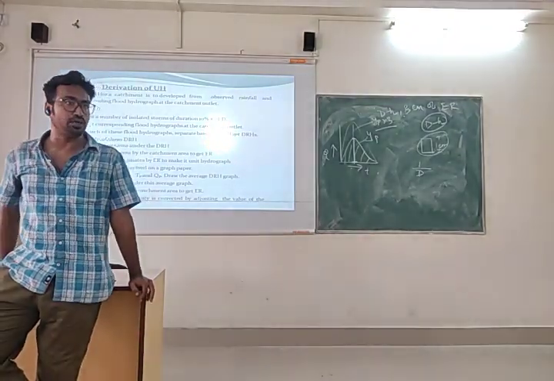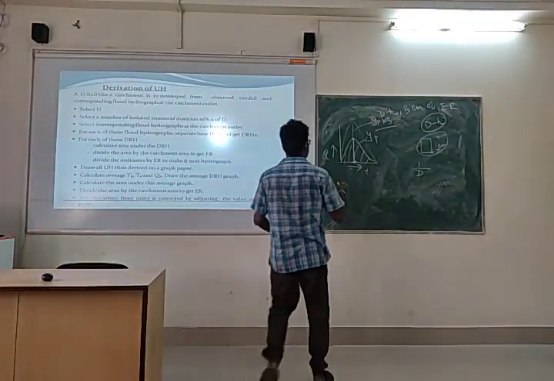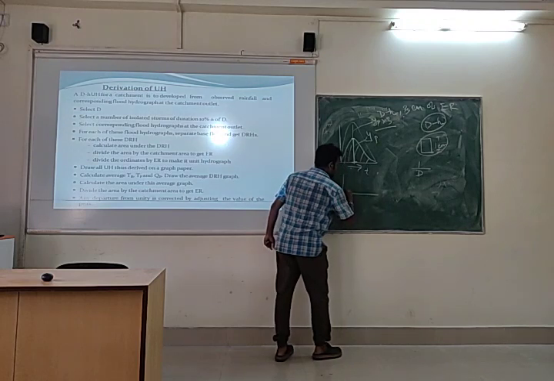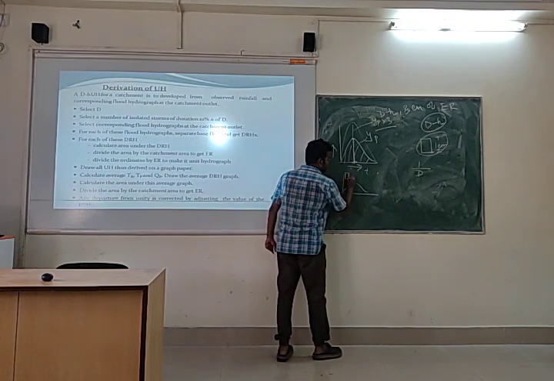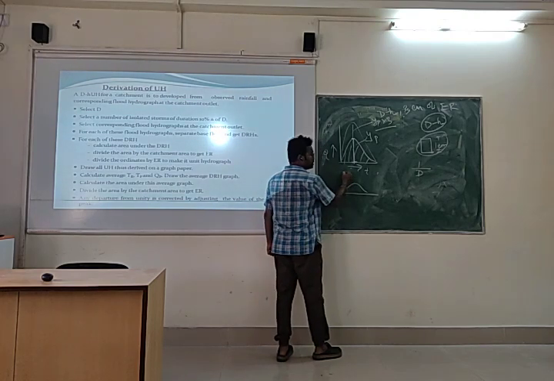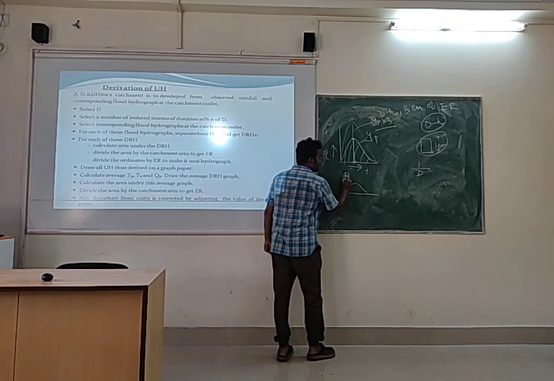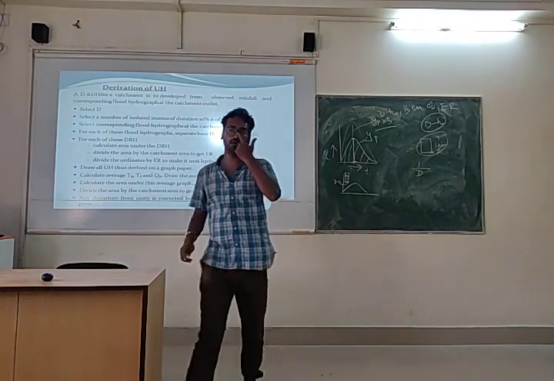Suppose this is the unit hydrograph, it will be given like this. This total volume will be 1 centimeter, and the duration will be given in this direction, that is D hours. That D hours can be 2 hours or 4 hours or something, right?